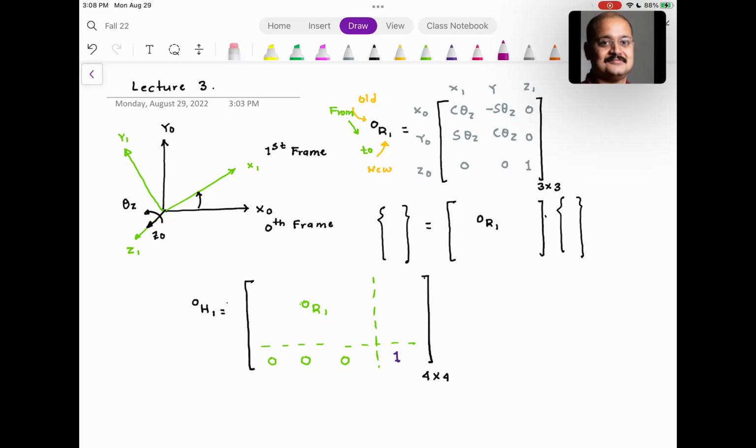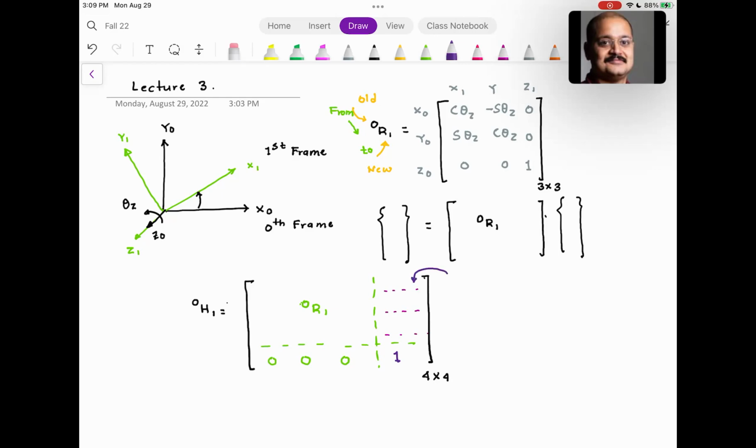And this is the most important part. There are these 3 blanks: 1, 2, 3. I will repeat this again and again, but I want you to understand this.